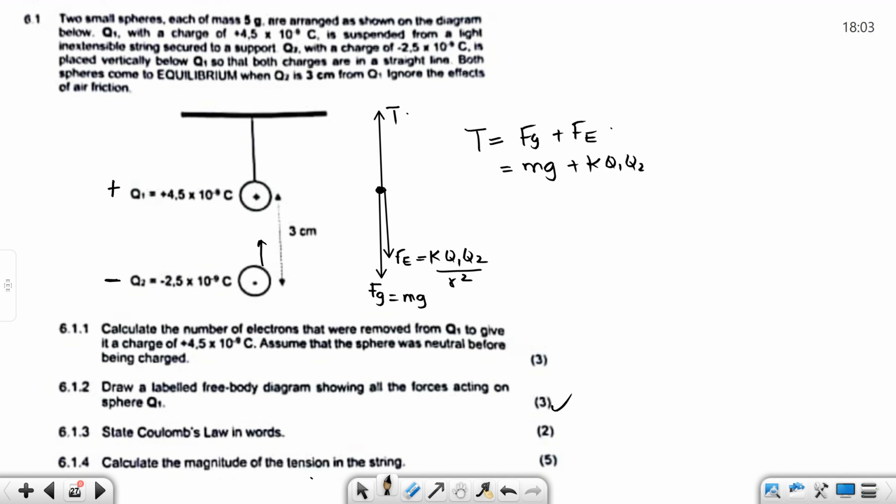K Q1 Q2 over r squared, and remember, in physics we work with kilograms. So this is 5 times 9,8 over 1,000, plus your K, your Q1, your Q2, and the distance between them, which must be divided by 100. Guys, that's how it works. It's more of applications, so that you are not surprised that, oh, we never did this.